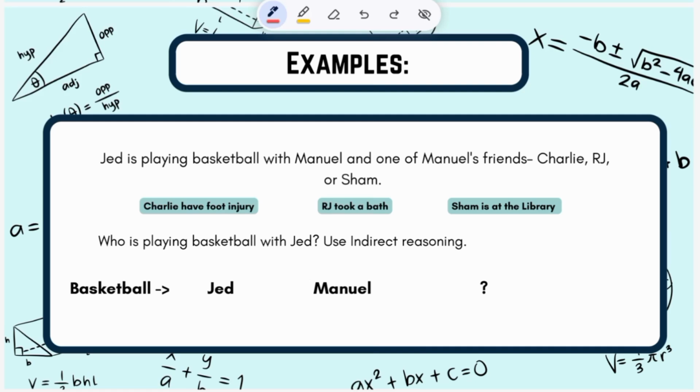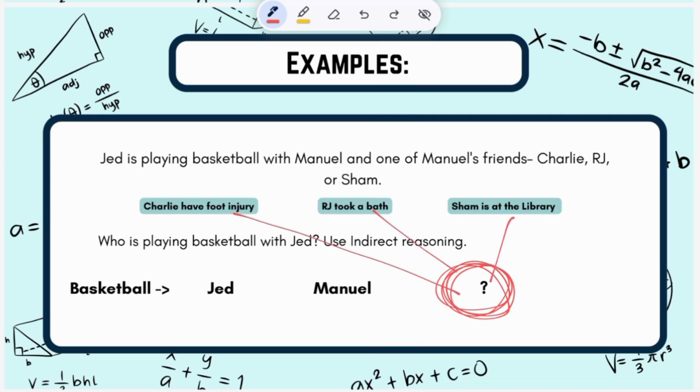So who is playing with Jed and Manuel? We're going to use indirect reasoning to know who is the third person that they are playing with. So here, Jed and Manuel are playing basketball. We're going to find out who this one friend is. So we have three options. It could be Charlie, RJ, or Sam.